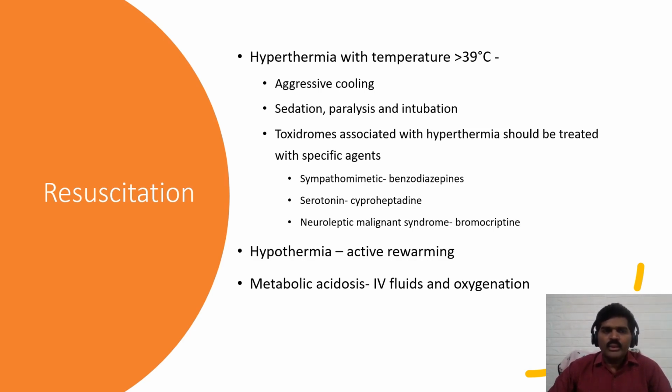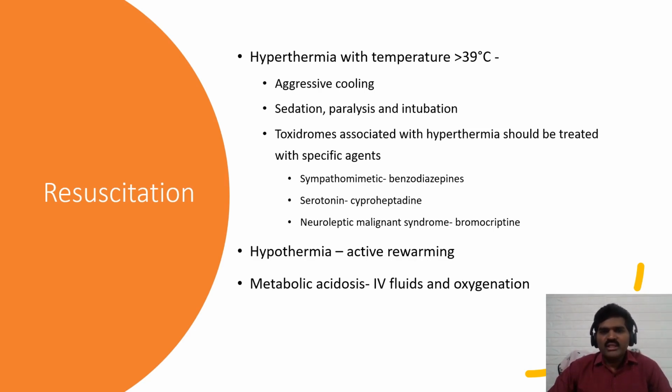Hypothermia, you need to resort to active rewarming, either by using warmed IV fluids or by peritoneal lavage or bladder wash with warmed fluids. Metabolic acidosis, sodium bicarbonate is contraindicated in metabolic acidosis induced by poisons.